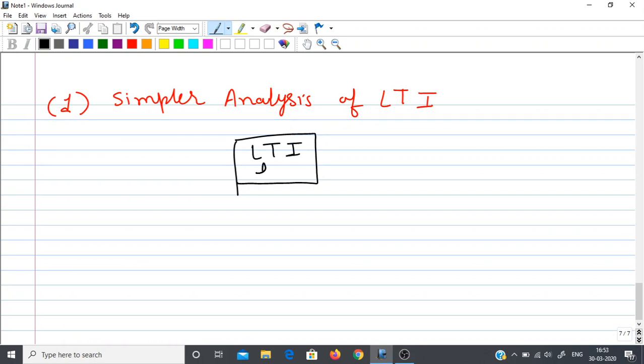Let's say the impulse response of this LTI system is h of n, the input applied to the system is x of n, and the output of this system is y of n.